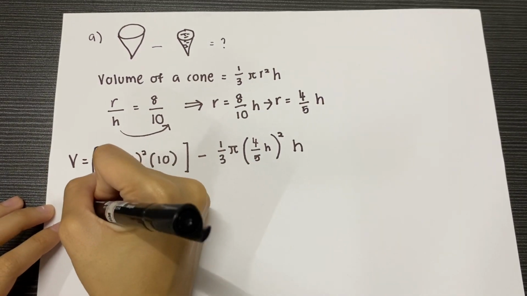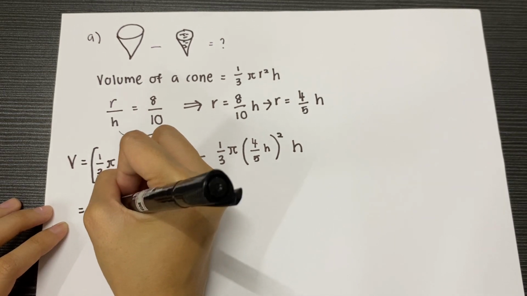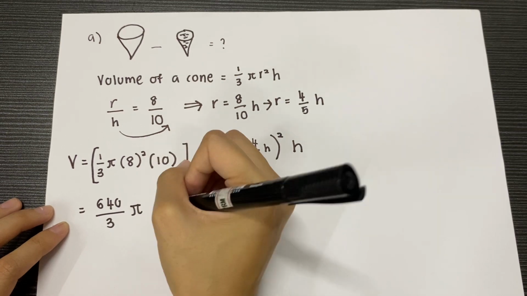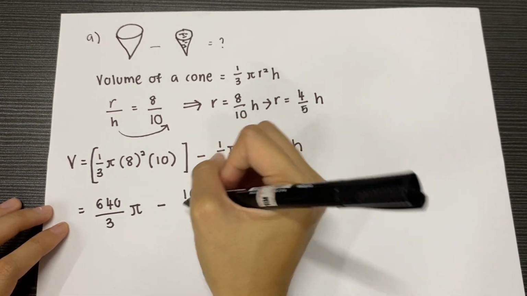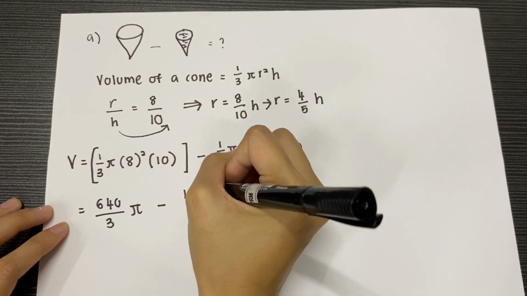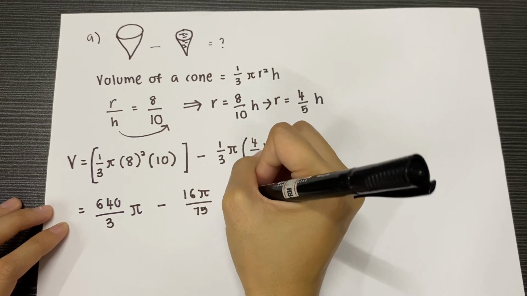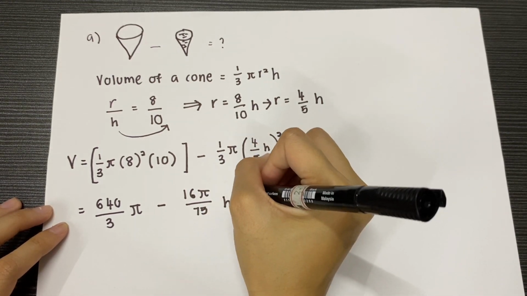Simplify this. For the big cone, we got 640 over 3 pi, minus, for the smaller cone, we have 16 pi over 75 h cube.